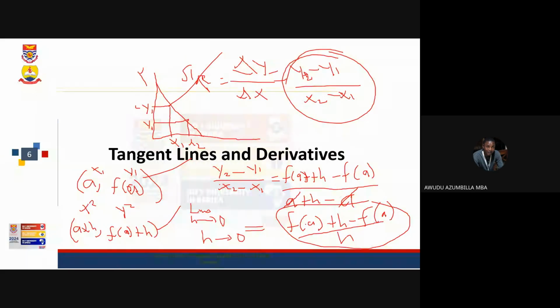So this is how to find the slope of the tangent line. This is the general formula that we are going to use to find the slope of the tangent line. If we move further, you get to know that when you use normal differentiation and when we use this slope of the tangent line to do the differentiation, at the end we are supposed to get the same answers.